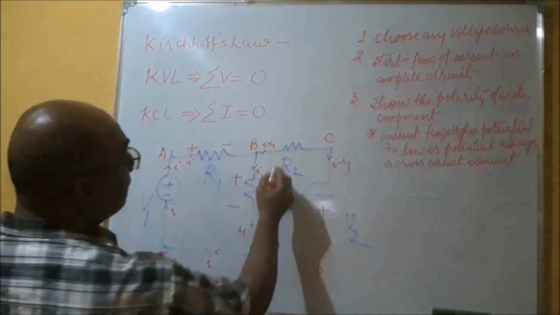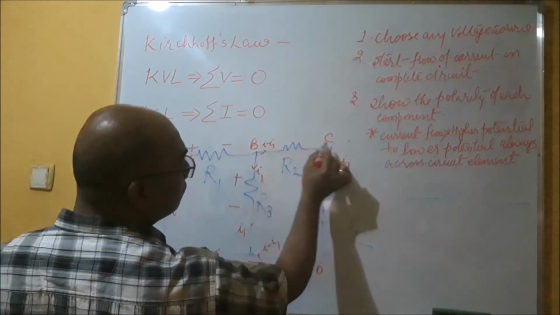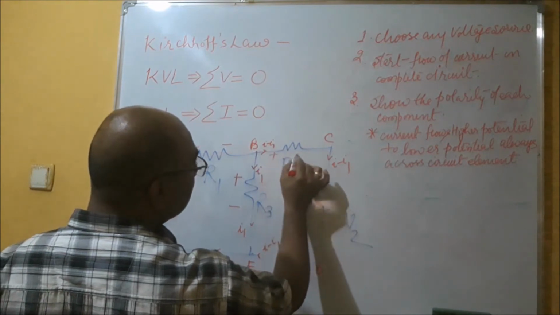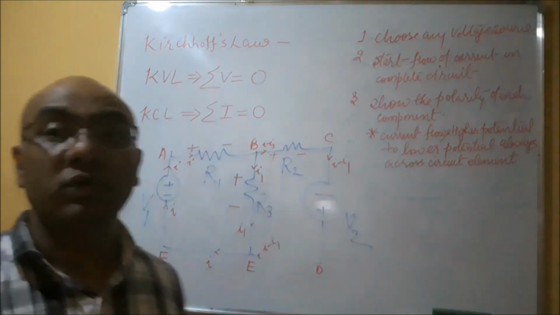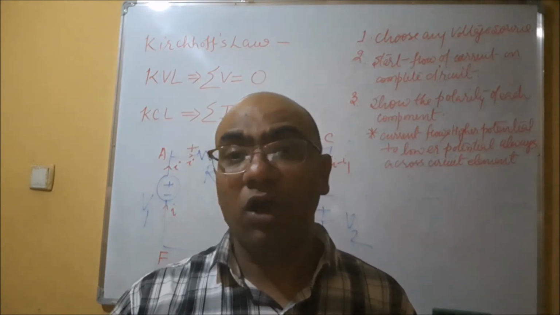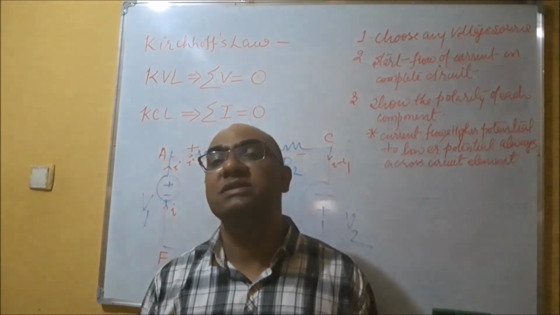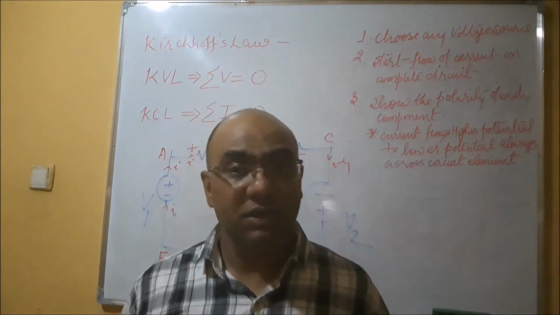And here the current I minus I1 is going from B to C, so this is positive and this is negative. So in this way we can note down the polarities at each resistance which is connected in the circuit.